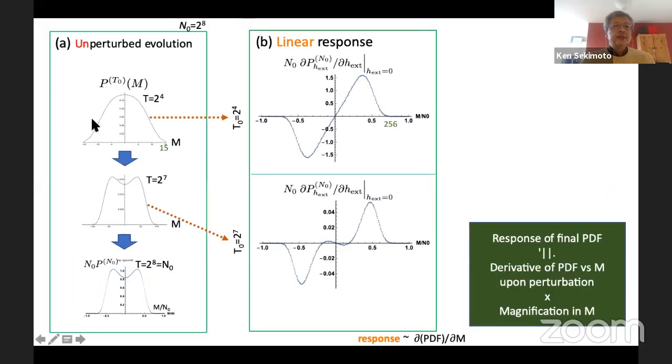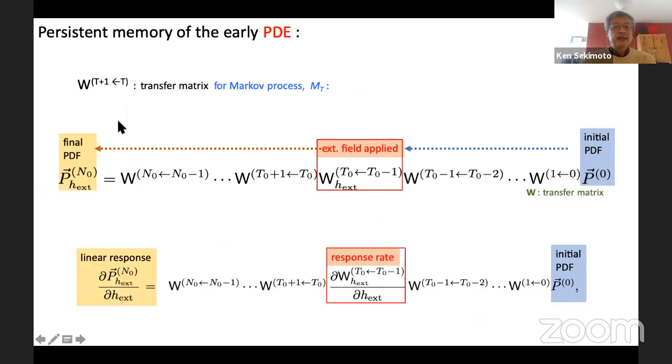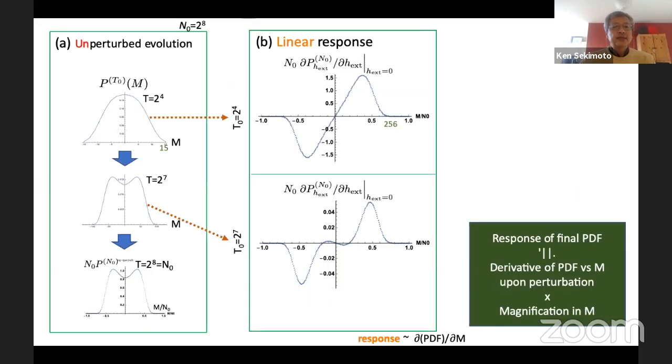This is the result of the linear perturbation. On the left column, I just copied the evolution without perturbation. Starting from initial 0 spins, we fixed, for example, already 16 spins, and then I applied the external perturbation. Then the linear response shows a sinusoidal shape in the distribution function.